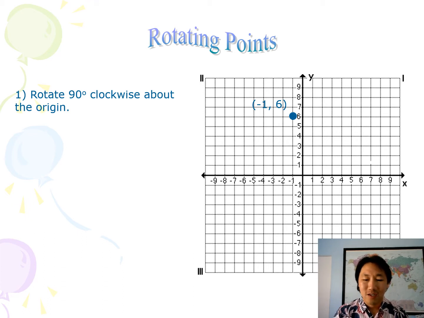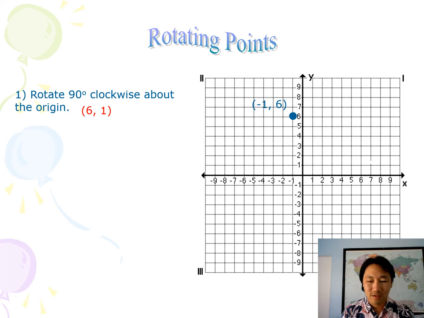So what that means is you're going to use the origin as the point of rotation, tie a string to that, and then rotate it 90 degrees clockwise. So 90 degrees that way. Where do you think it's going to end up? Let's see. There it is. We took it, turned it 90 degrees clockwise, and you end up at 6, 1.